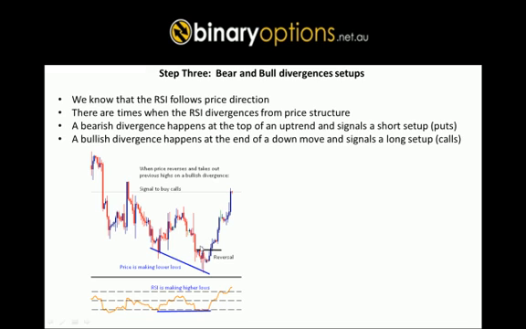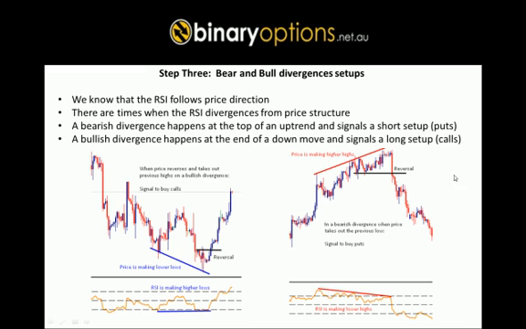When price takes out this high, we have a signal to buy calls on this instrument because a reversal is in play. We also need the RSI to cross above the 50 level for us to have a clear signal that we are now in bull country and price has reversed to the upside.